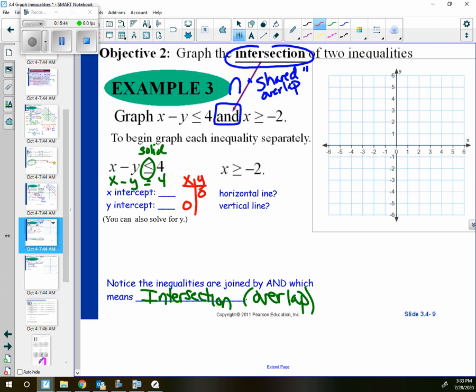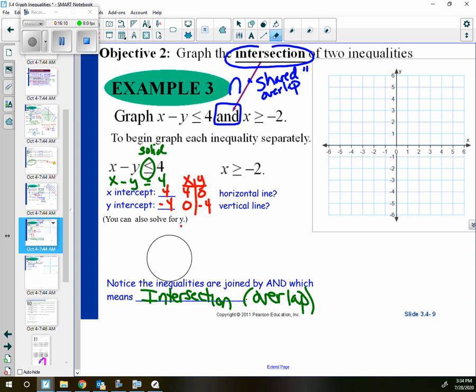If you put in 0 for y, you'd have x minus 0 equals 4. So x would be equal to 4. So you have the point 4, 0. And then you can put in 0 for x, so 0 minus y equals 4. So negative y equals 4. You'd have to divide by negative 1 then, so y equals negative 4. So you have your intercepts. That's an easy way to be able to graph that one.